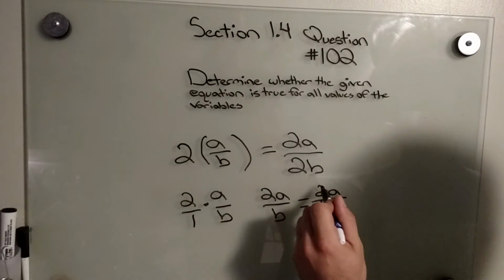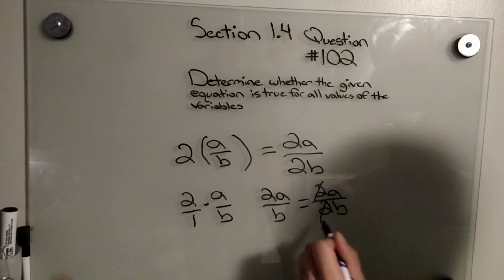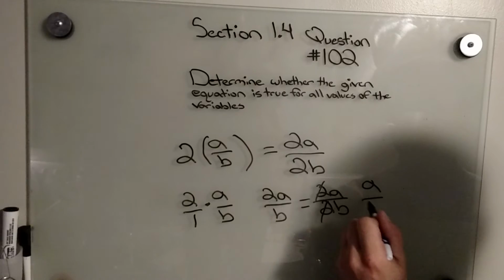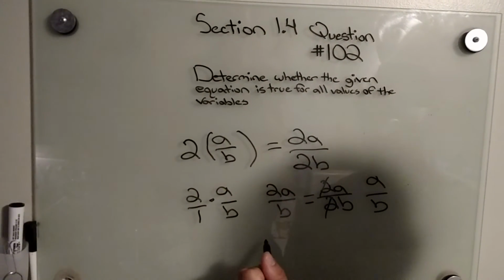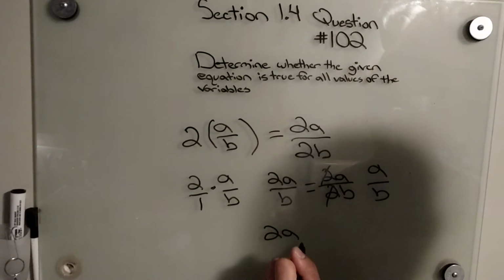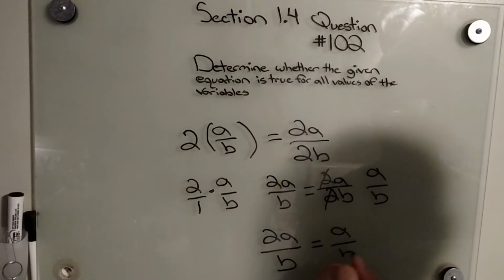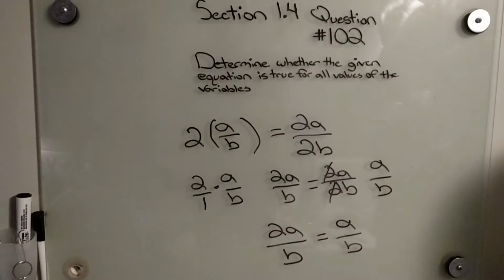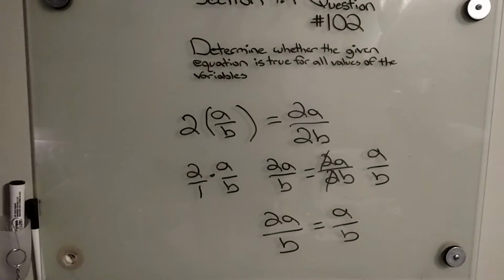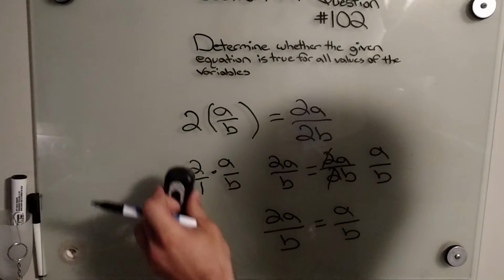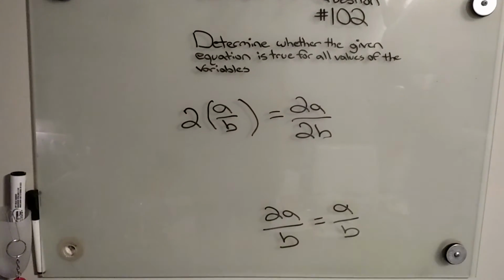And the 2's on this side can in fact cancel out, which would just give you a over b. So for your final equation, you have 2a over b equal to a over b, which is of course not true.